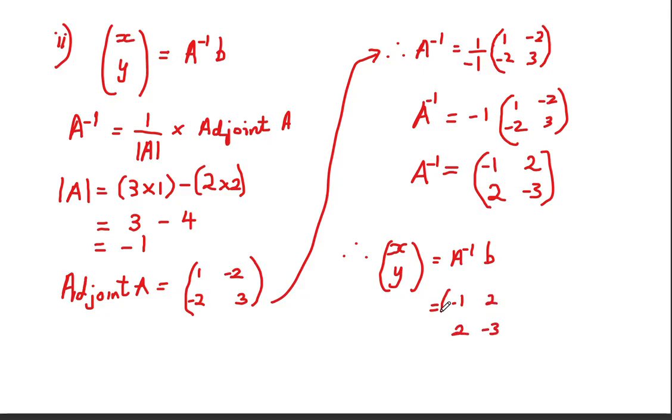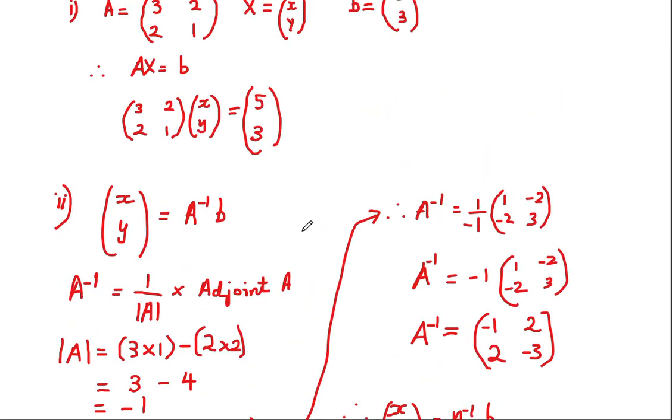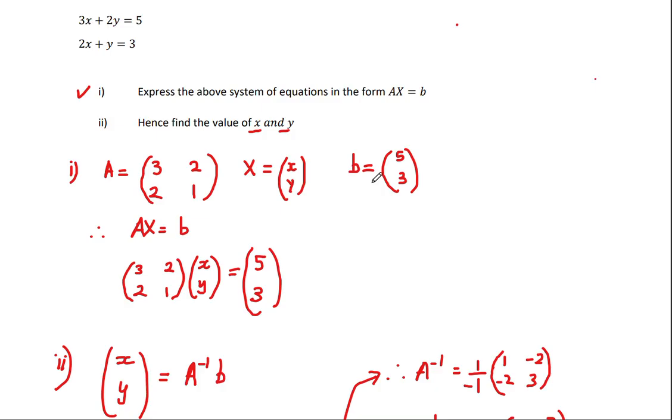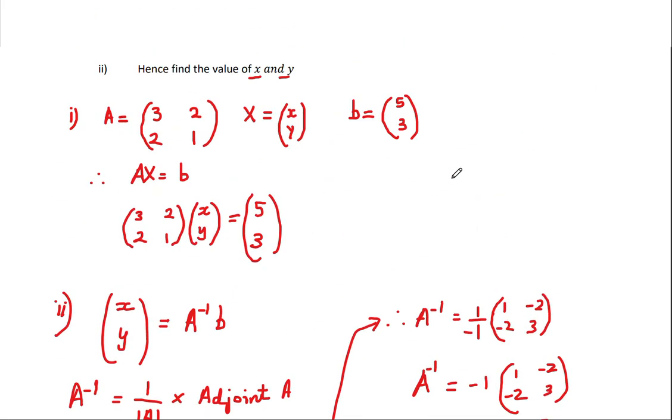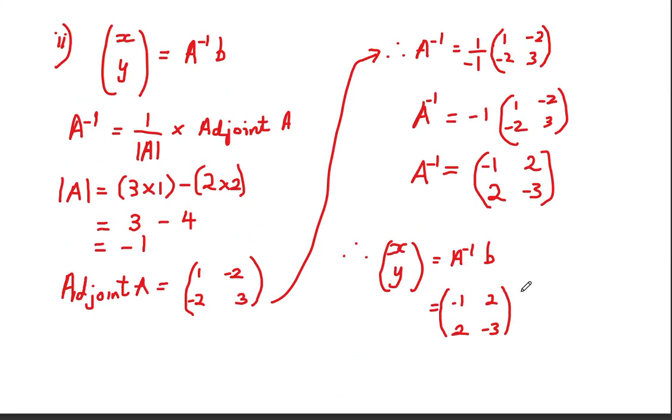And B, we already know from part 1 of this question, is 5, 3. So we're going to multiply these two matrices, and whatever results we get will represent the values of x and y, which is what we're trying to find.